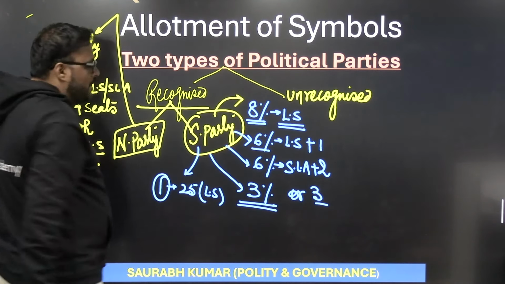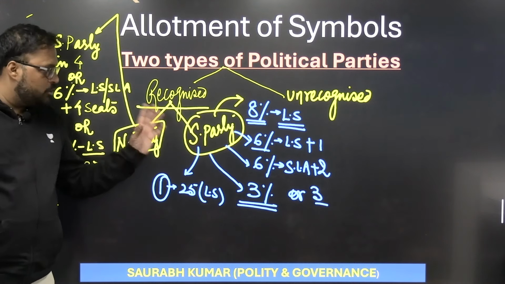Any one out of five criteria, then it will be called a state party.